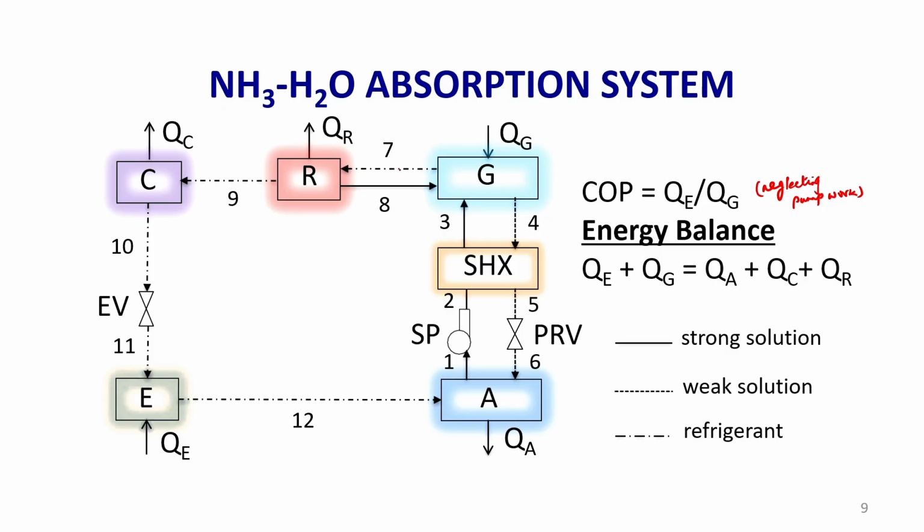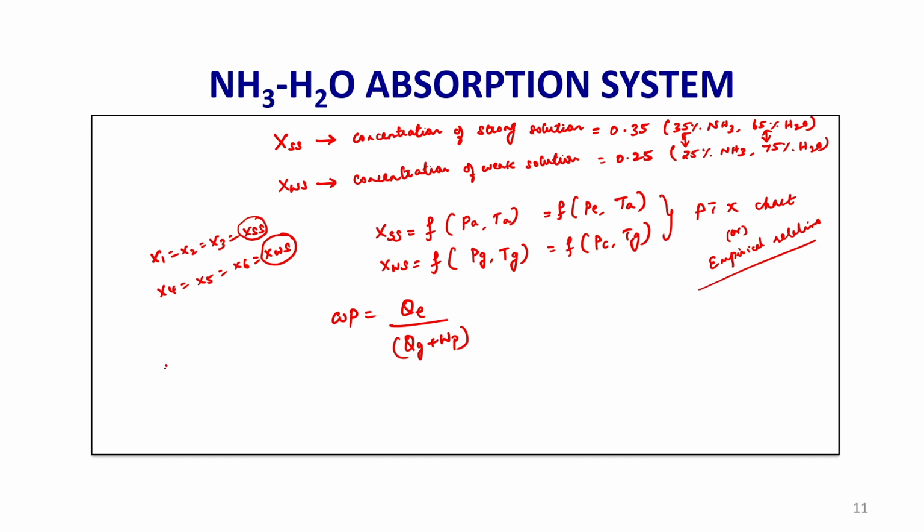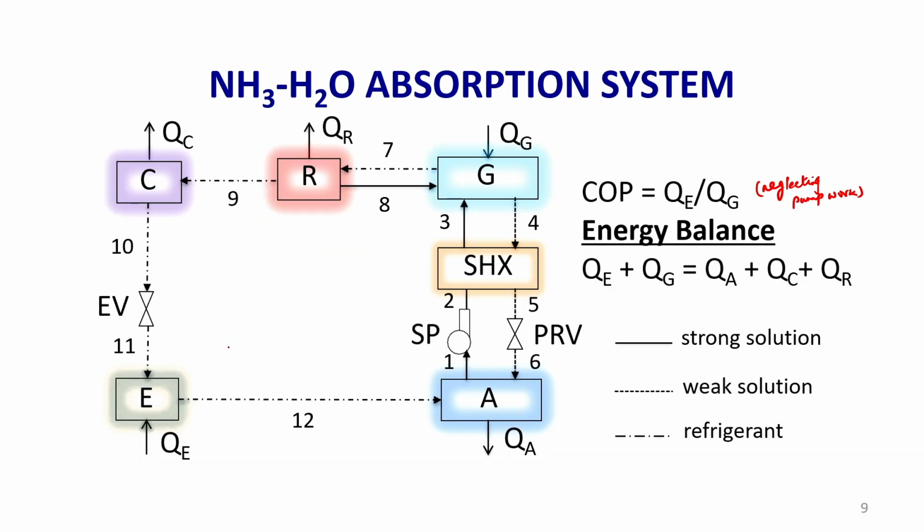That ammonia vapor is going to the rectifier at point number 7. At point number 7 the concentration will be 0.85 or 0.9. That means it is 90% ammonia vapor, with 10% water carryover. I want only refrigerant vapor to go to the condenser, not absorbent vapor.